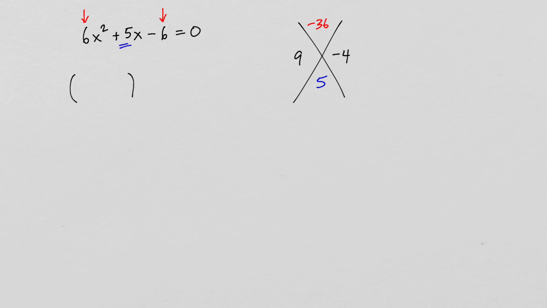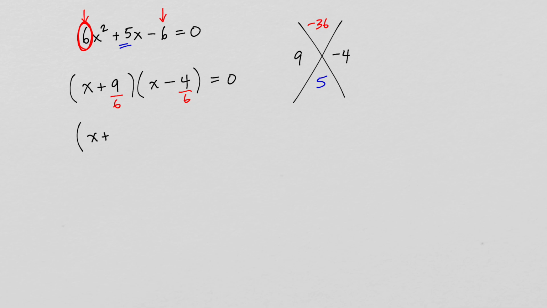So if I go to factor this, using the magic x method, we're going to have x plus 9 and x minus 4. Don't forget, if you have a number other than 1 in front of x squared, you have to divide each of these by that number.